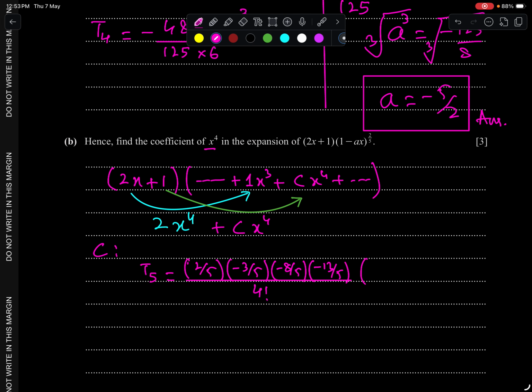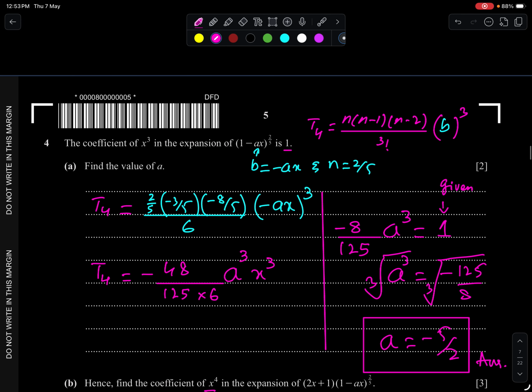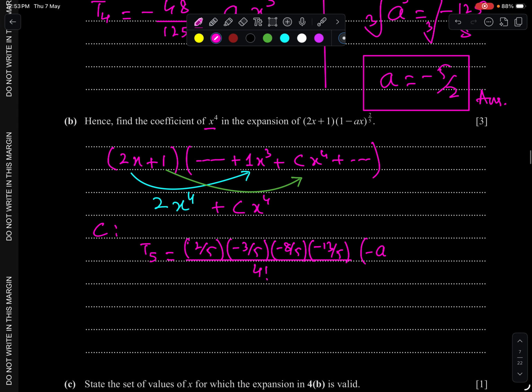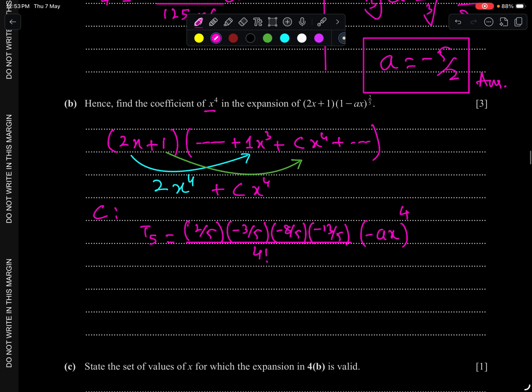And here write the second term with power 4. The second term is ax, and we have the value of a: it's minus 5 upon 2. I'm writing ax, not substituting the negative sign yet, because you may get confused. So this is the fifth term, the coefficient of x power 4. Now get its simplified form. When you simplify this, you will get minus 13 upon 8.